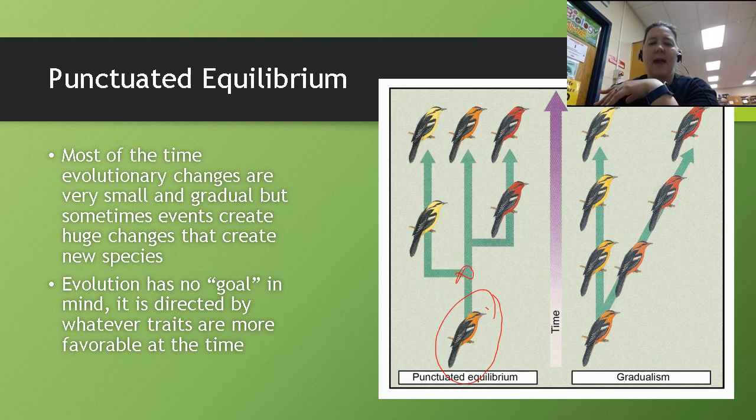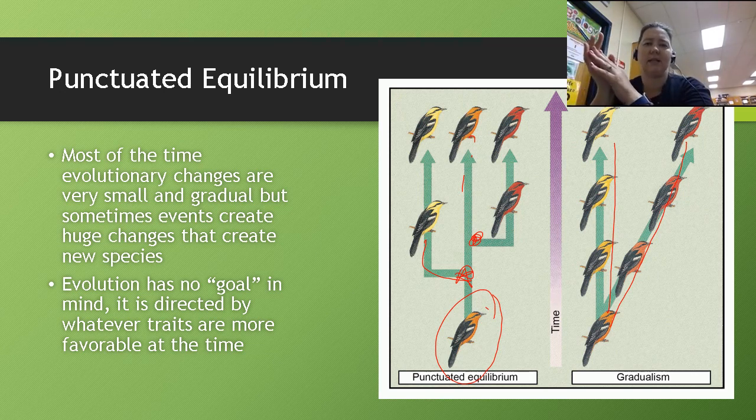Okay, something happened here that made yellow more advantageous, so that yellow bird survived and was able to shoot off and become its own species. Something happened over here that created a red species, and then the orange species still existed. And so it's not that orange slowly changes, okay, but what we definitely see is huge events at one given time.